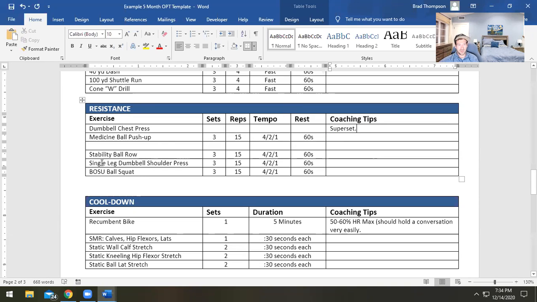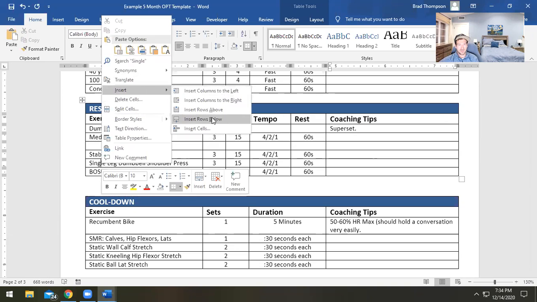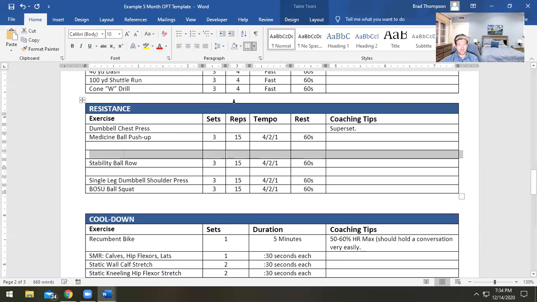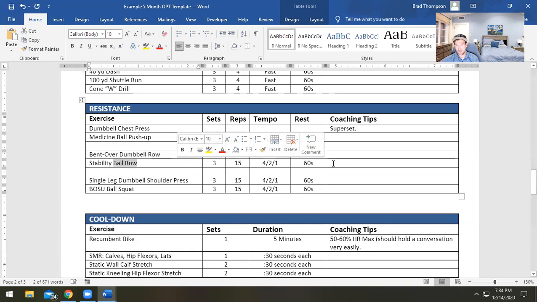And then I've got my stability ball row. That's my stabilization exercise. Let's do a bent over dumbbell row, right? So there's my strength movement paired with my stabilization movement, right? Again, superset.